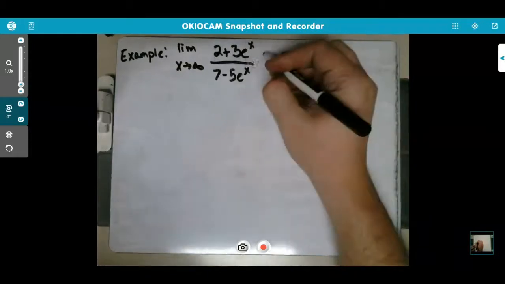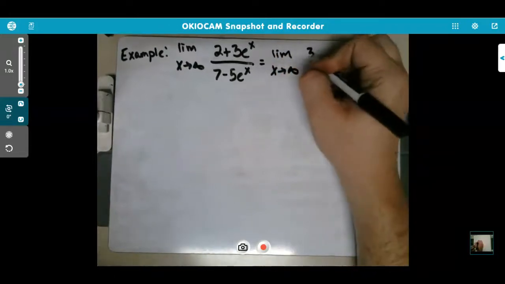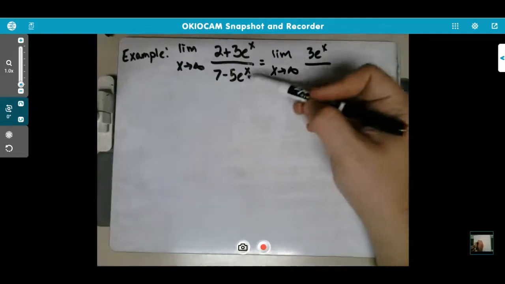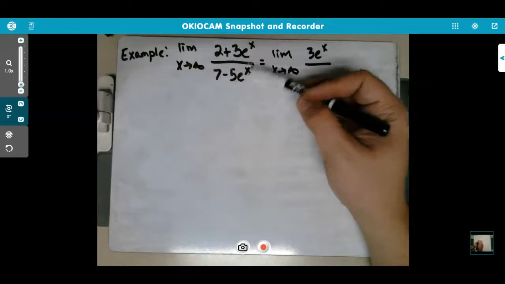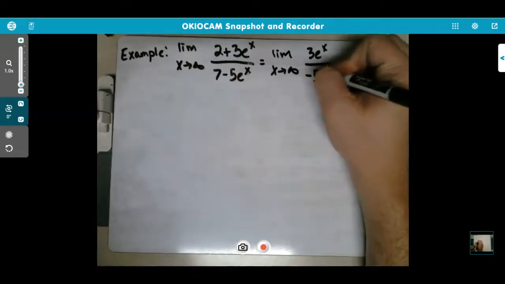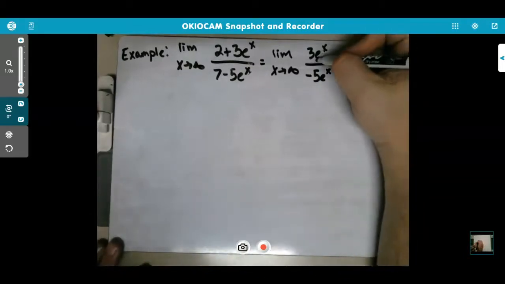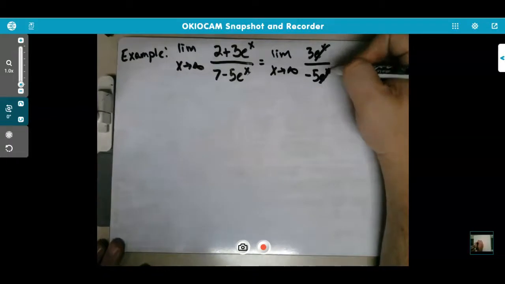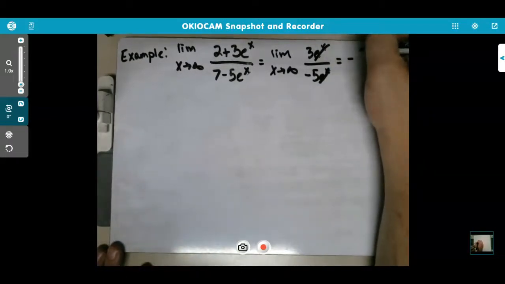So the largest term on the numerator is 3e to the x. Same thing right here. E to something that's really big is going to be something that's very big. So the larger term on the bottom is negative 5e to the x. Well, what's so neat about that is e to the x will cancel out. So I'm just left with negative 3/5.